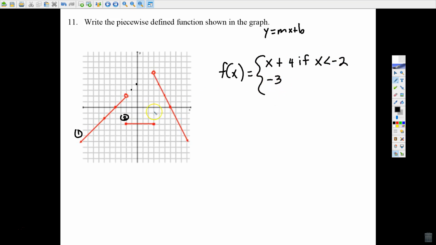Okay, so for -3, these x values are going to be between -2 and +3, and we will include those. Notice the solid circles.